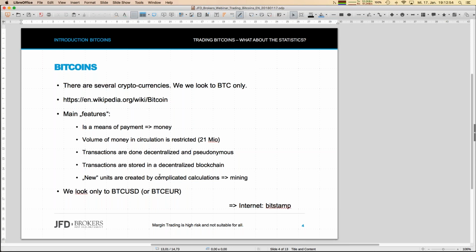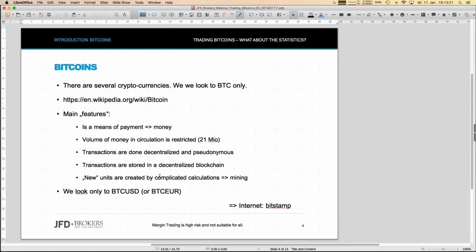What else is important? Transactions are done decentralized and pseudo-anonymous. What does it mean? Transactions are not stored like when you go to the webpage of your bank account, and then you transfer money from A to B, and then your bank will do the rest. No, in this case, it's decentralized.